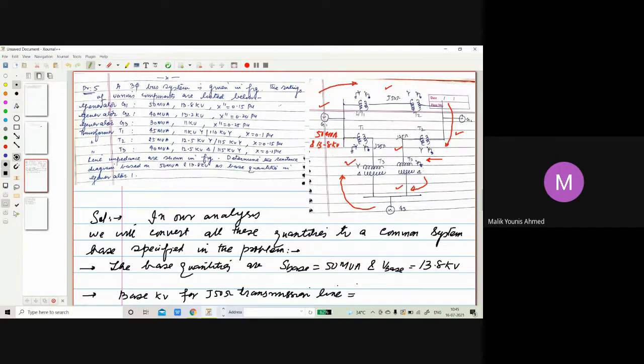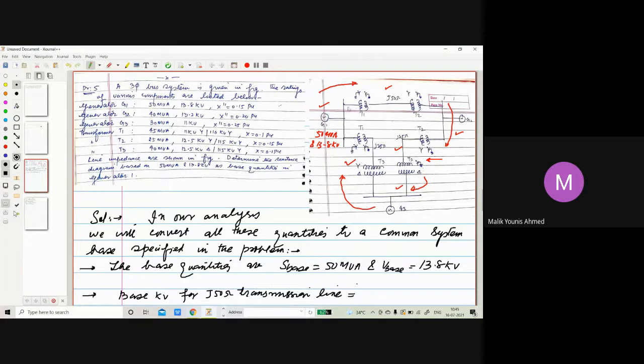So the T1 transformer has 11 kV and 110 kV, both star-star. The first question is how to identify which is which. On the input side, the primary side, it definitely has to be 11 kV, because the 13.8 kV should match this voltage.